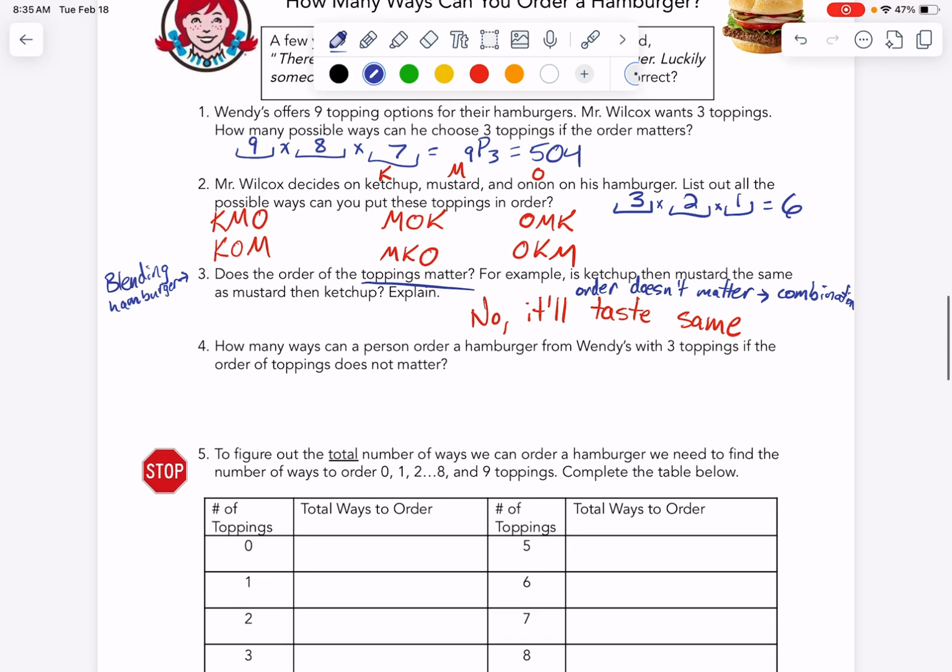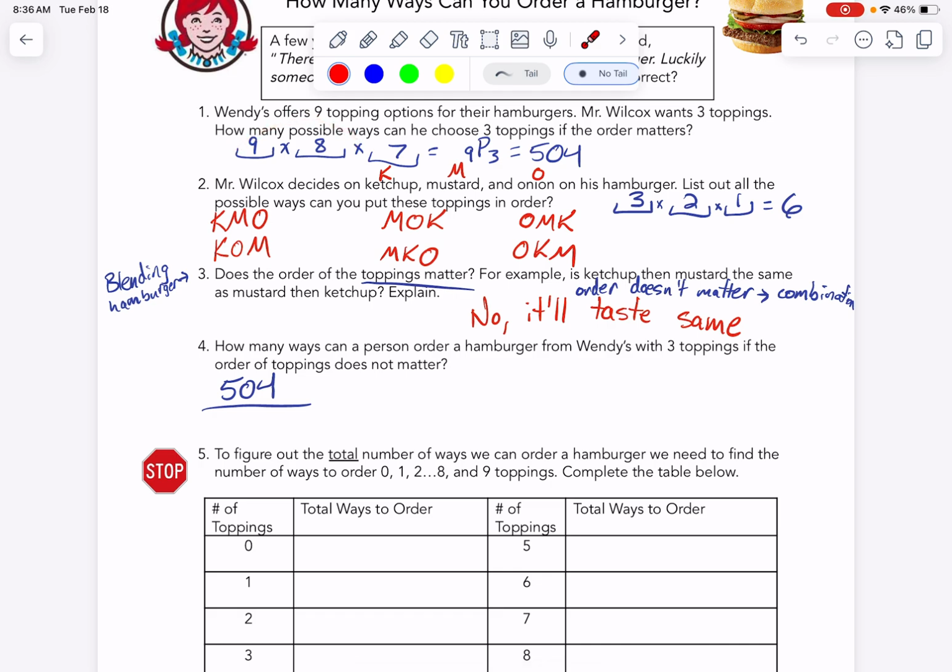So, how many different ways can a person order a hamburger from Wendy's with 3 toppings if the order of toppings does not matter? Well, we already found how many different ways we can order if the order does matter. There were 504 different ways. But now we've got to remove all the ways that are just essentially the same option.